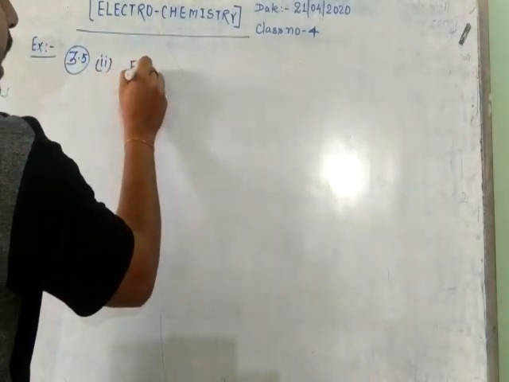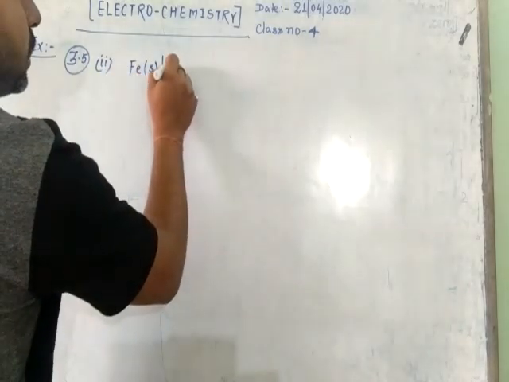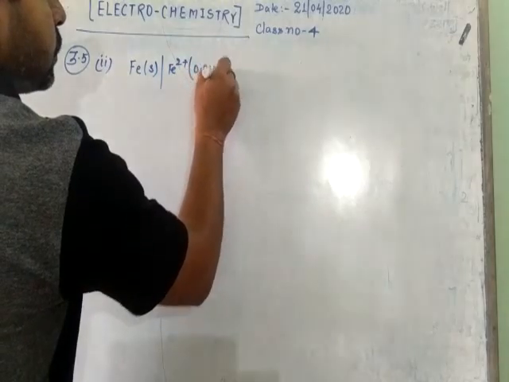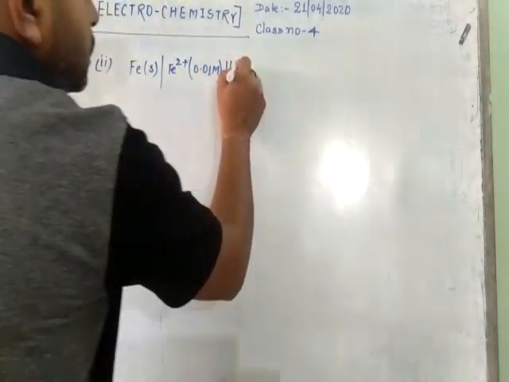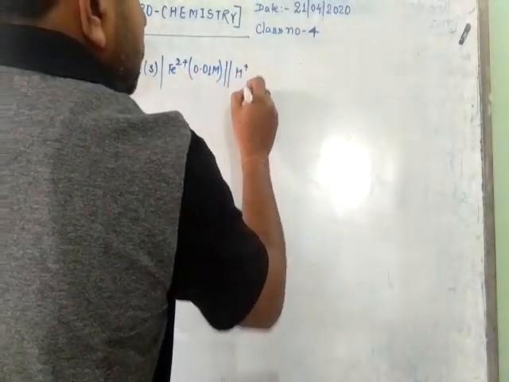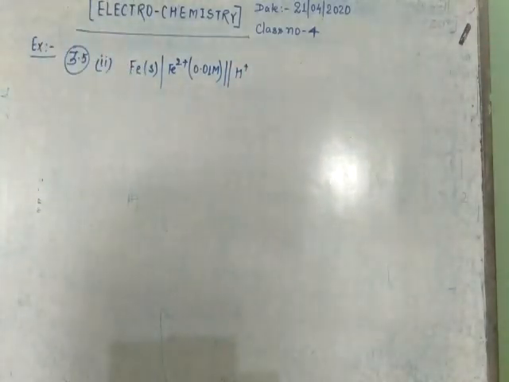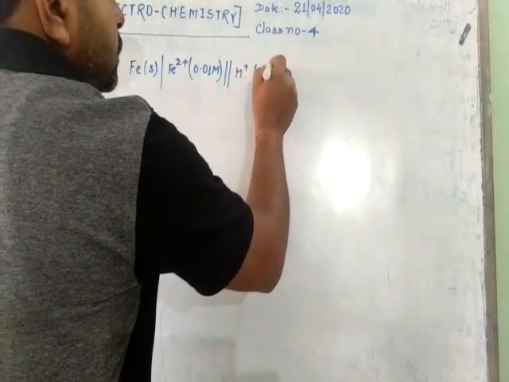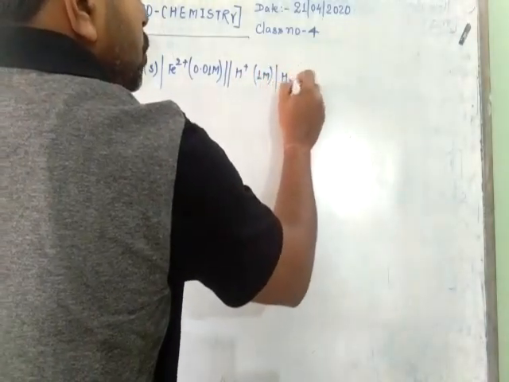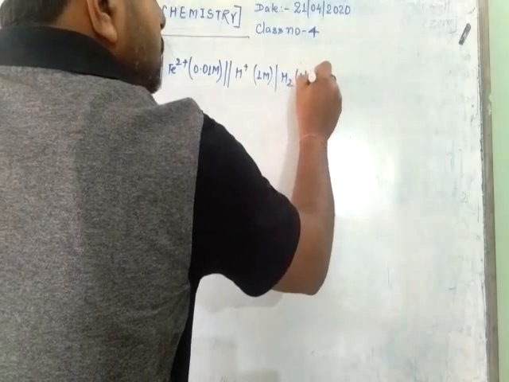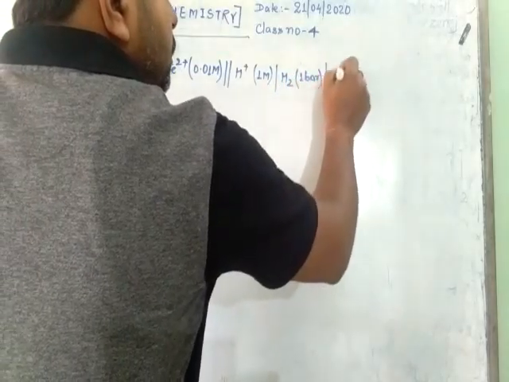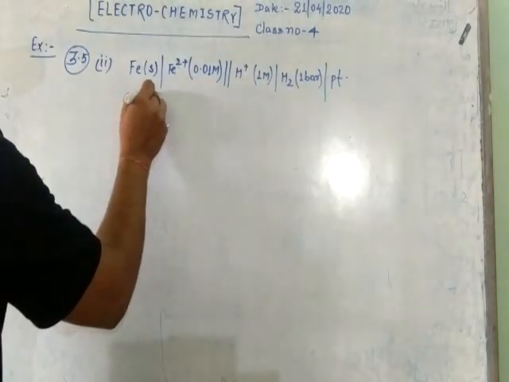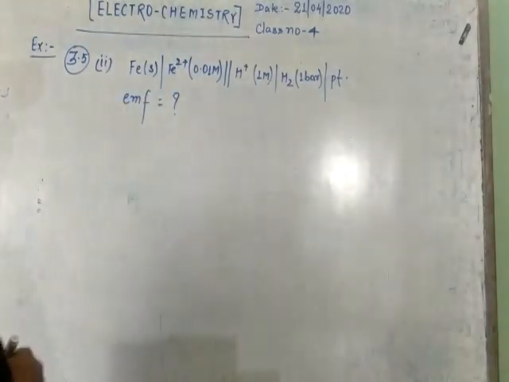There is Fe(s) | Fe2+ (0.01 M) || H+ (1 M) | H2 (1 bar) | Pt. Now find the EMF of the cell.